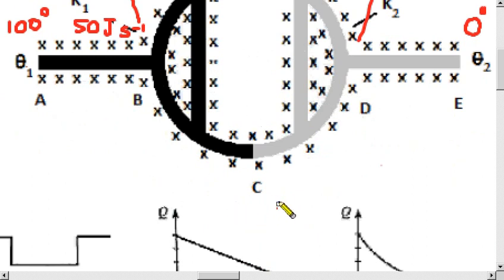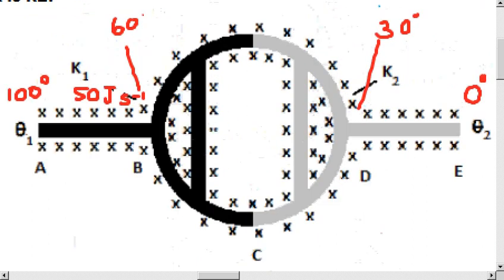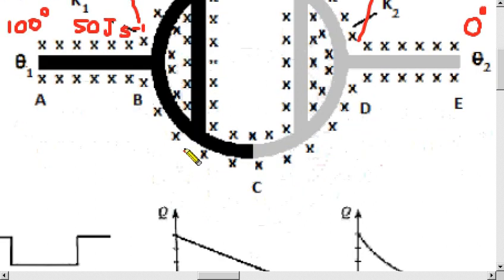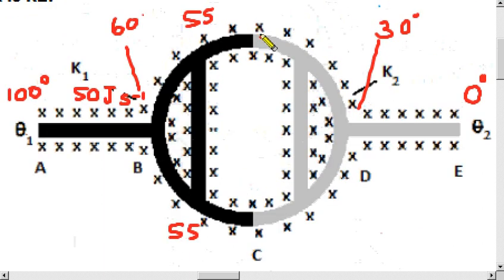Let us take the temperature at this point. Suppose the temperature is 55 here. Then the temperature here also should be 55 due to symmetrical property. So therefore we can delete this rod. It doesn't contribute to conduct heat downwards or upwards.